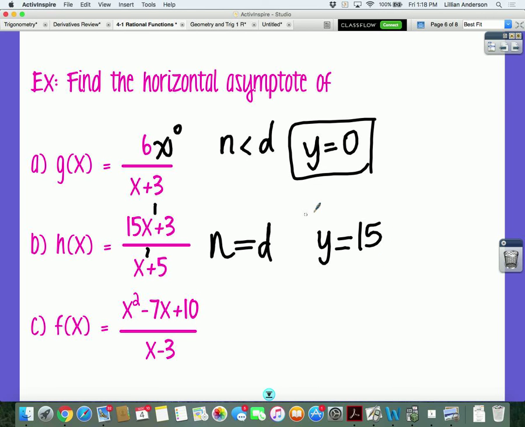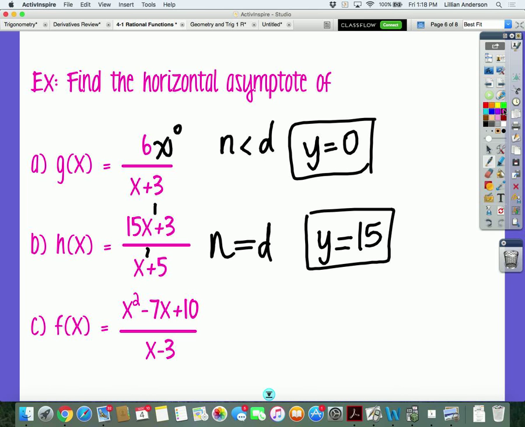Christian, what is our horizontal asymptote since they're equal? Very good. Because remember, this one you have to look at the leading coefficients. It is 15 over 1. 15 over 1 is nothing but 15. And the last one, Aiden, what's the degree of the denominator? The denominator is 1.